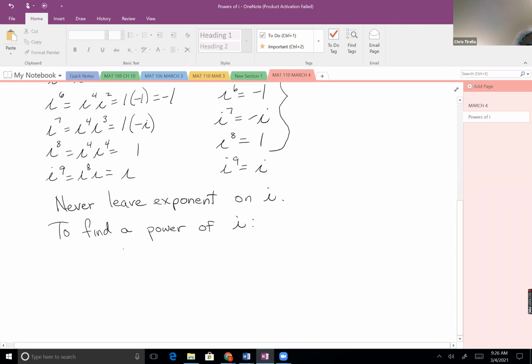We can find the largest multiple of 4 that is a factor of the exponent.